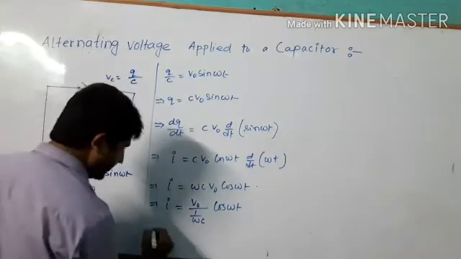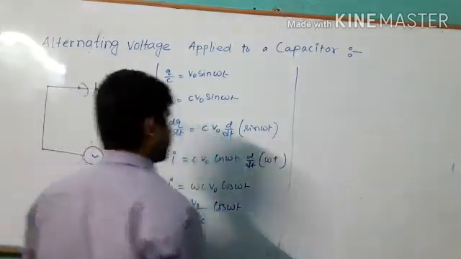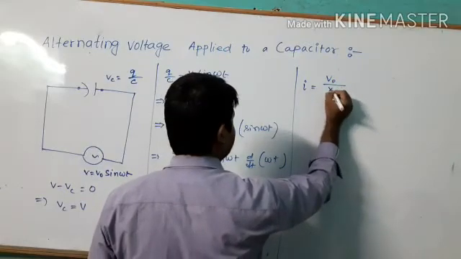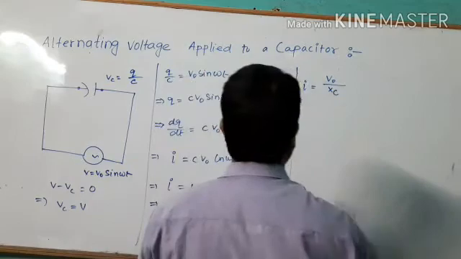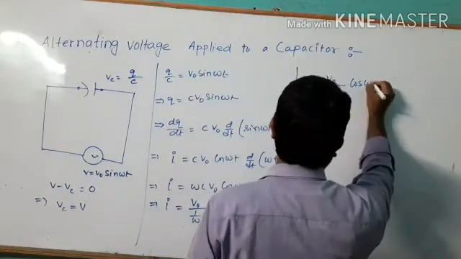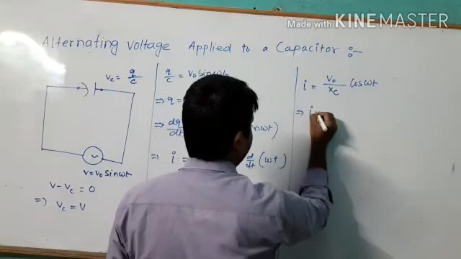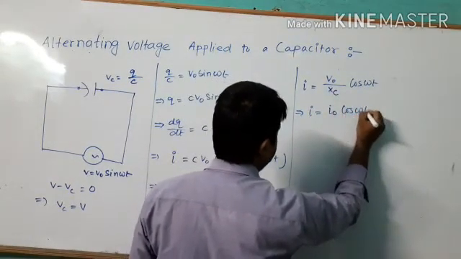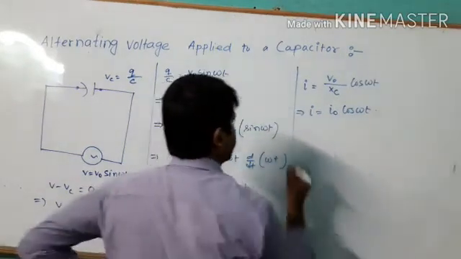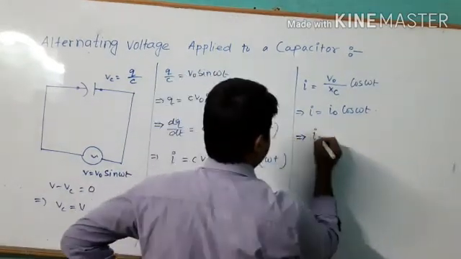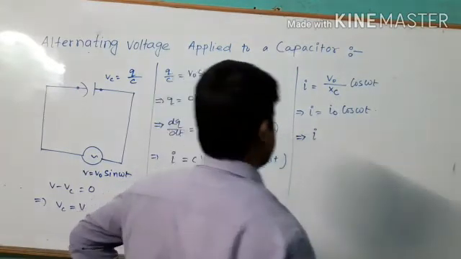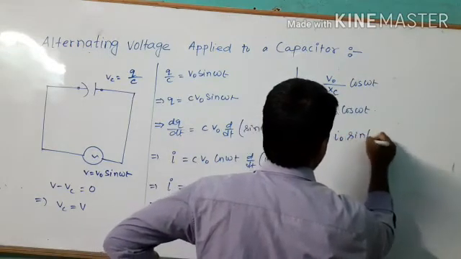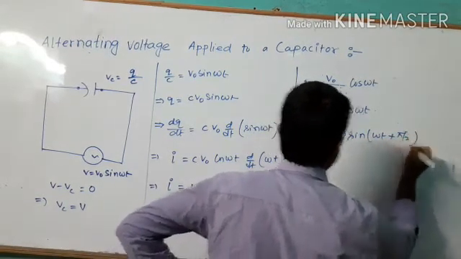I am writing 1 by omega C as XC. So I is V0 by XC into cos omega t, it is I0 cos omega t. So finally we get I equal to I0 sine omega t plus pi by 2.